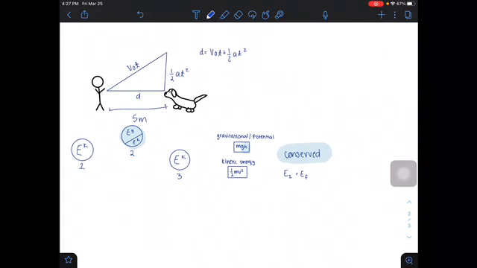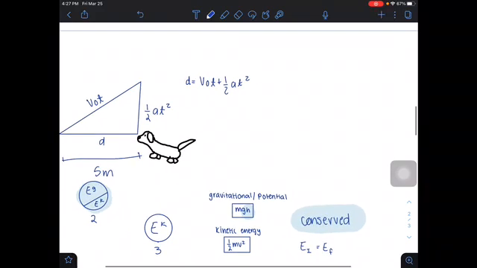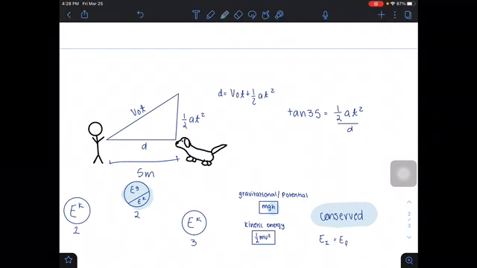So now our next step is to solve for the time. And to do this, we're going to be using trig functions and equations, and we're going to start off with tangent. So tan 35 equals 1/2 at squared over d. And the reason we're going to be using tangent is because we know all these variables except for time, and we want to solve for time.